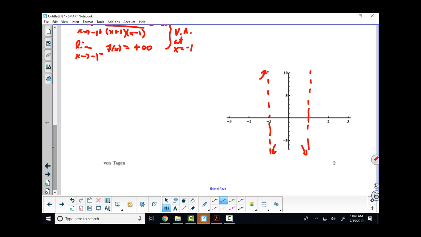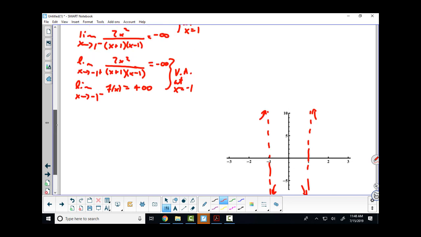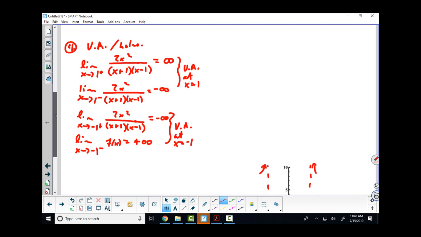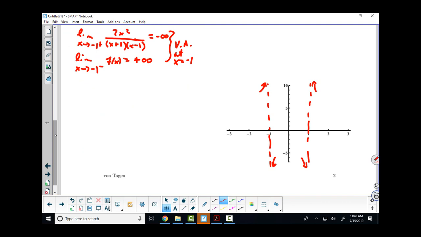And as we were approaching 1 from the right, we were approaching positive infinity. Any questions? So you see why doing these limits helps you significantly with the graphing. For one of these problems, you knew what the vertical asymptotes were before you learned calculus. So if you want to do it that way, that's fine. But you do need to make your limit statements. I do want to see those limit statements.